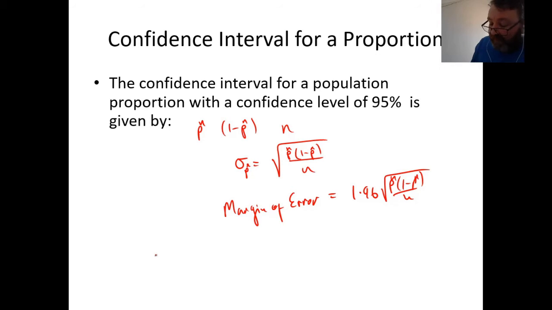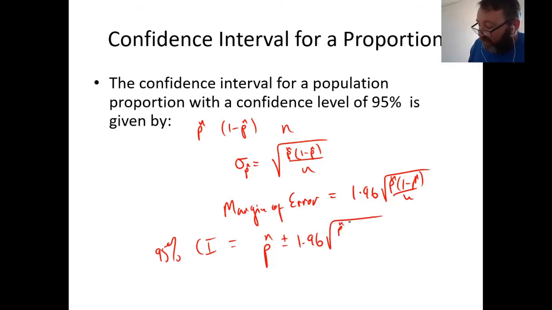And finally, if I want my 95% confidence interval, well then it's going to be the sample proportion for success plus or minus the margin of error, which is 1.96 times the square root of p hat by 1 minus p hat all over n. So that's how you build this thing up.